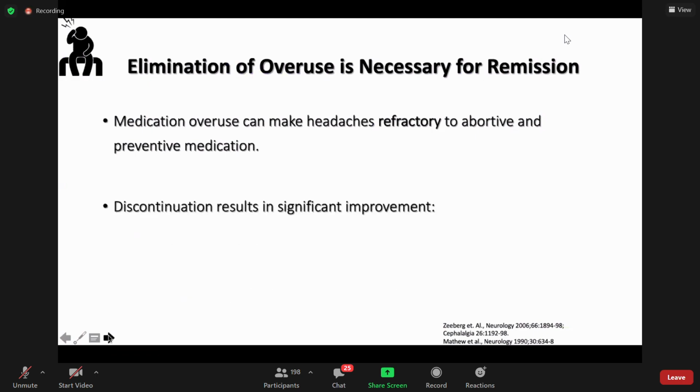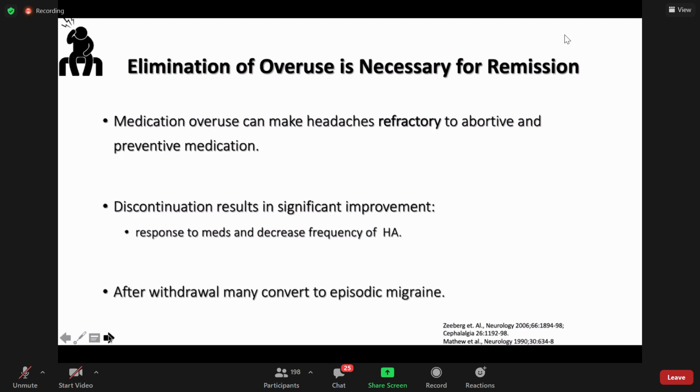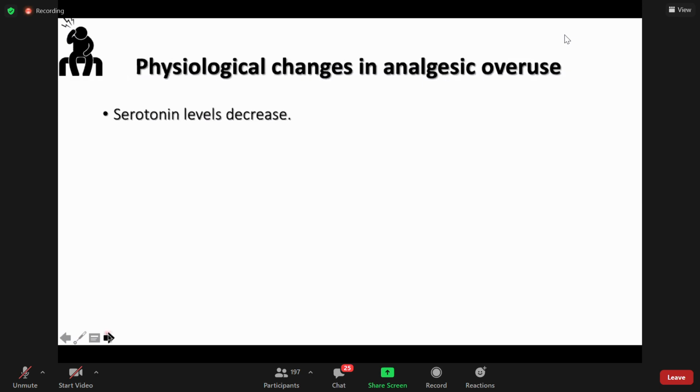After discontinuation, within a few days there will be significant improvement, and the response to pain medications later on returns, and they will have a response when they have a regular headache and take an analgesic. So migraine, which becomes chronic migraine with medication overuse, may be converted to episodic migraine.